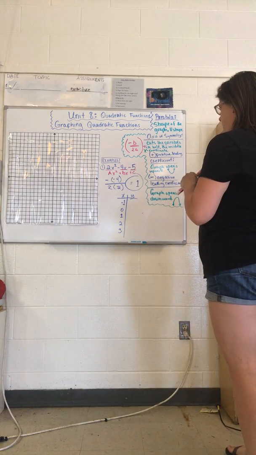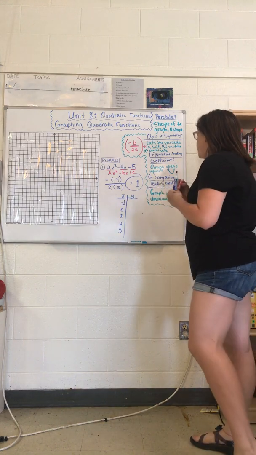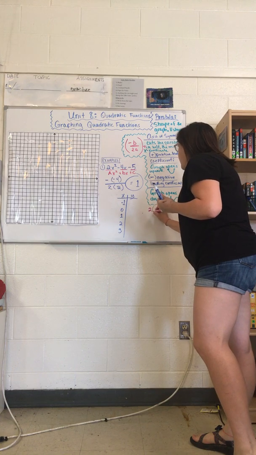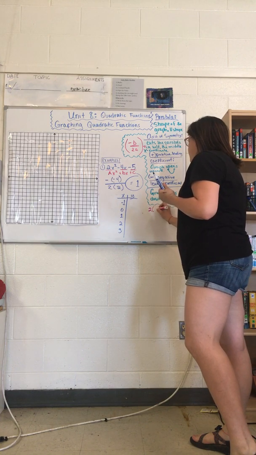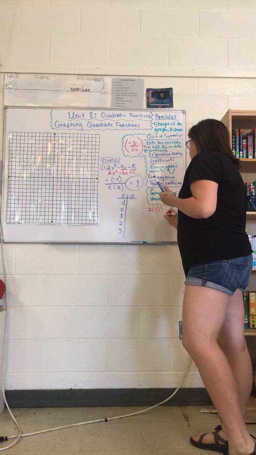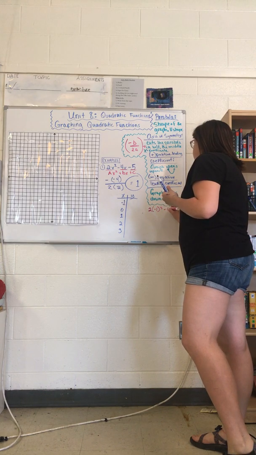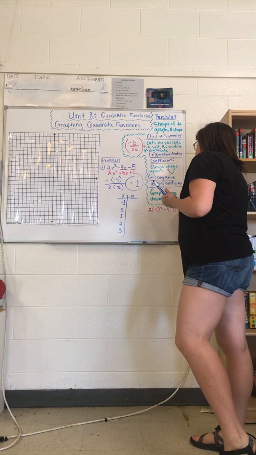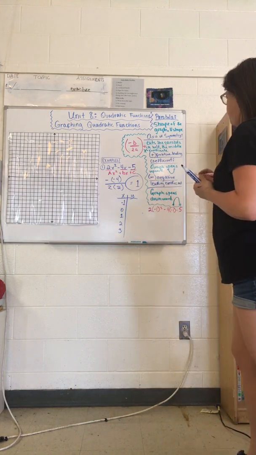So, I'm running out of room here. Let me do my work over here. So for the first one, I will take 2 times -1 squared minus 4 times -1 minus 5, okay?